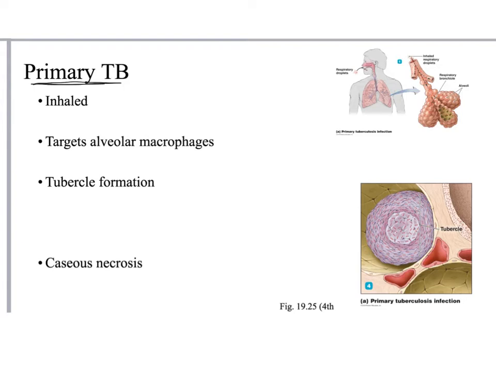Okay, so TB can ultimately infect many different kinds of tissue, but it always, I should never say always, but almost all the time it starts in the lungs. Okay, so first of all, this tuberculosis bacilli is inhaled.